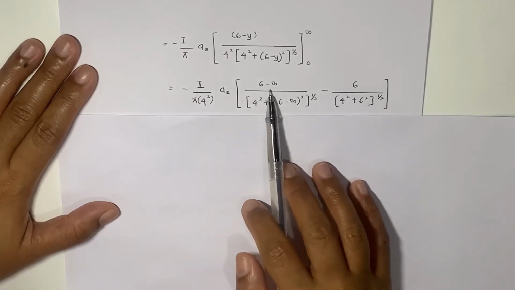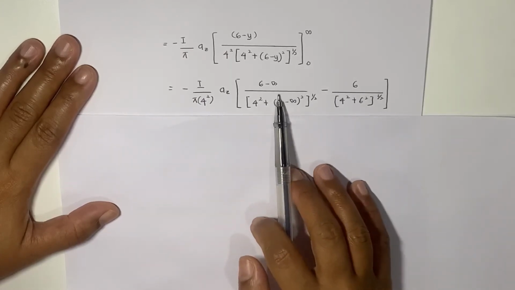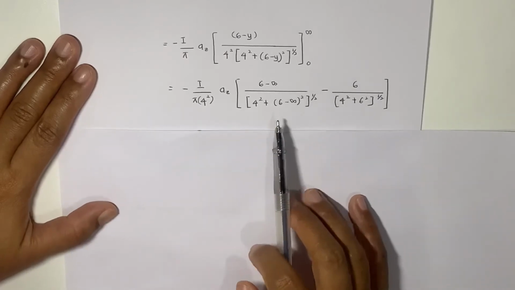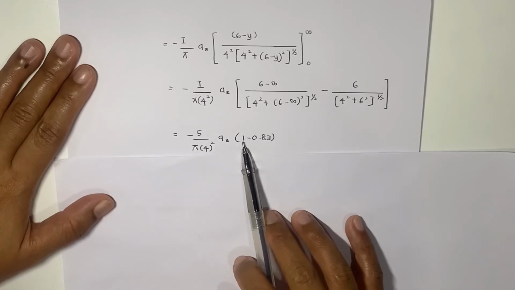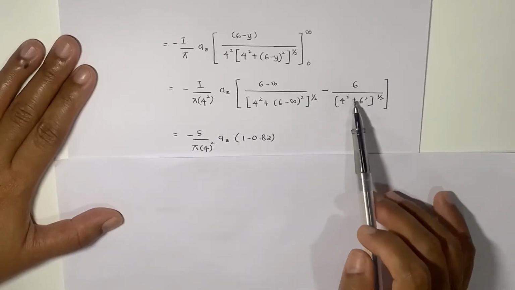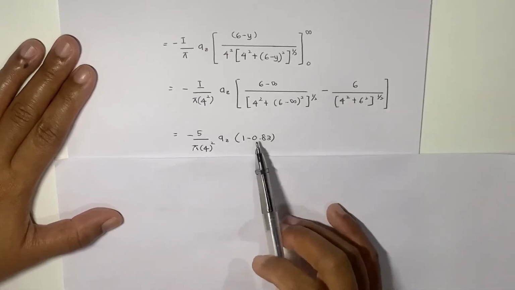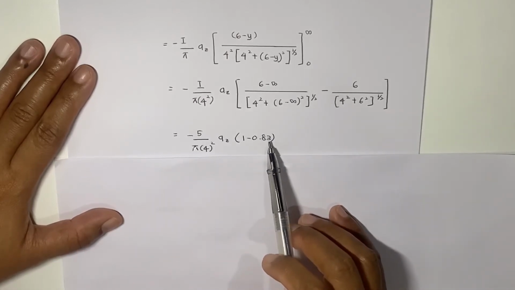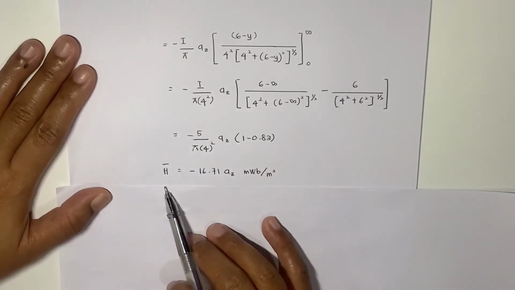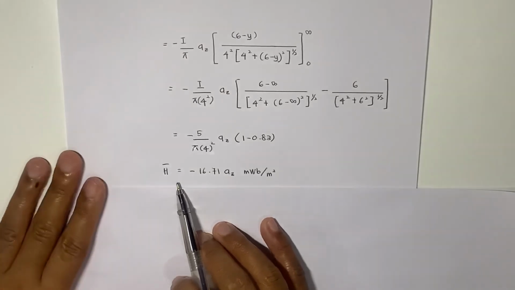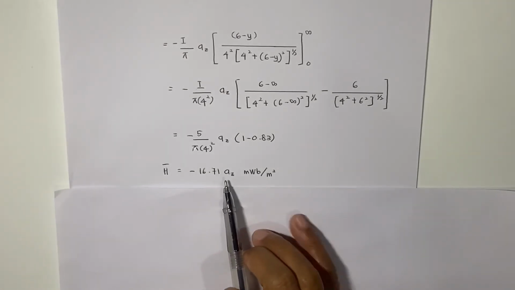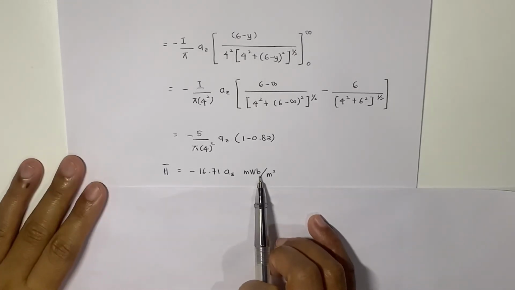So negative infinity in the numerator divided by negative infinity in the denominator gives 1. Solving this part, you will get 0.83. After you solve all of this, you will get the magnetic field intensity of negative 16.71 az milliampere per meter.